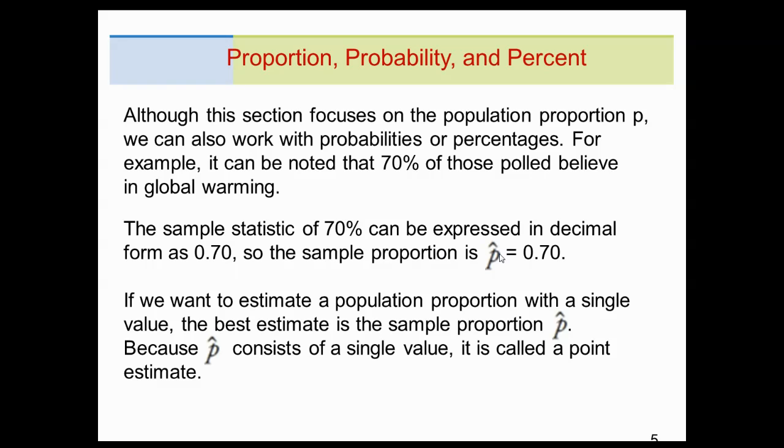In this case, p hat would be 0.70, q hat would be 1 minus 0.70, 0.30. If we want to estimate a population proportion with a single value, the best point estimate is this p hat. It's the proportion of the sample we'll use to come up with a confidence interval for p, the proportion of the entire population.